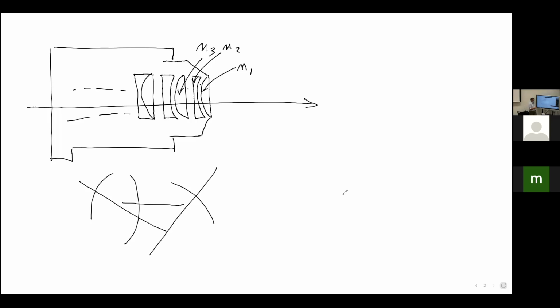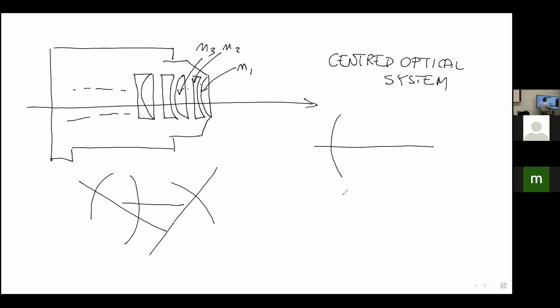Then you call a centered optical system a system that is constituted by a number of diopters, any number of diopters, that are separating media with a different refractive index, N6, and they share the same optical axis.